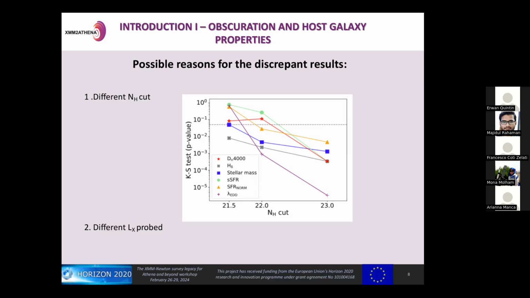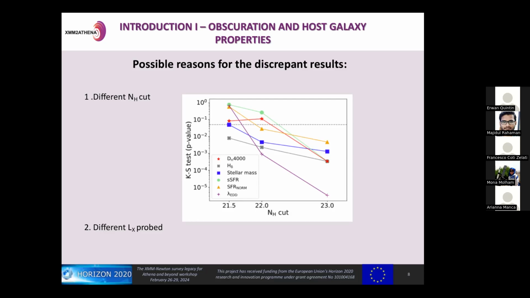With the 23rd cut that we applied on NH, these are the p-values that we got from applying Kolmogorov-Smirnov tests. When we lower the NH cut to 22 and to 21.5, the p-values increased, which means that the differences that we had detected become less significant in a statistical manner, or even not significant at all.